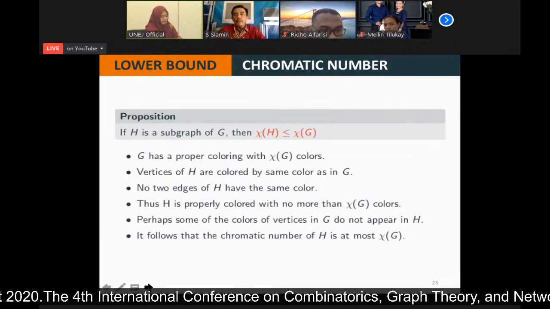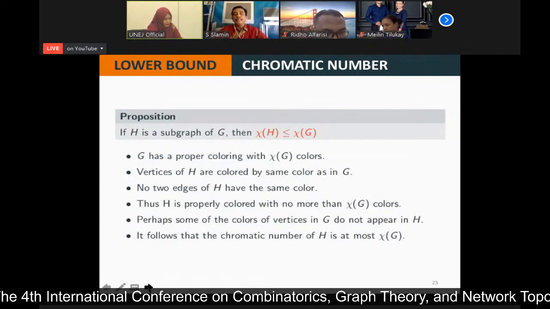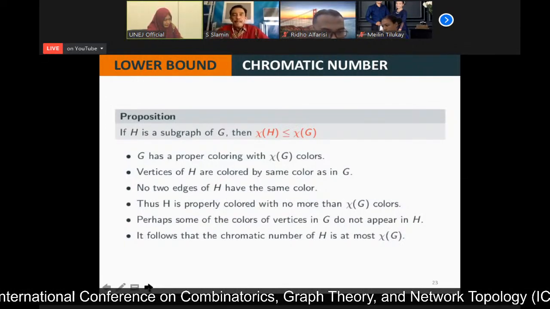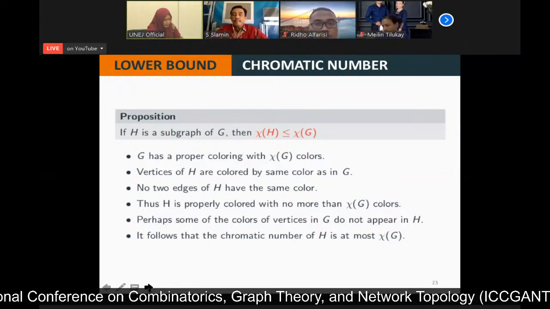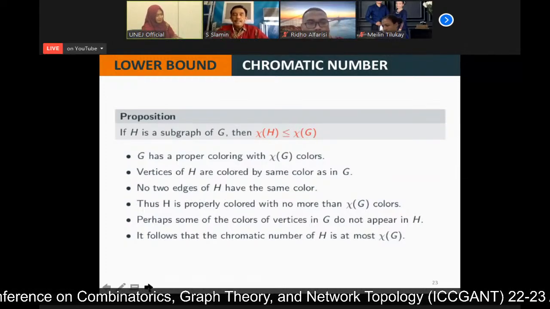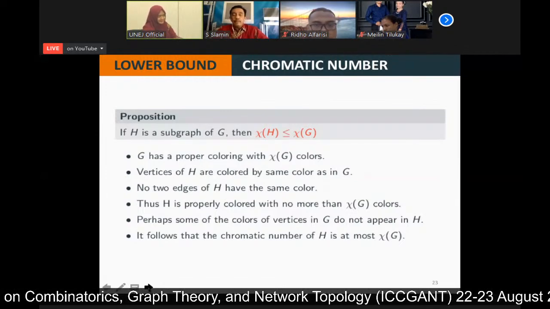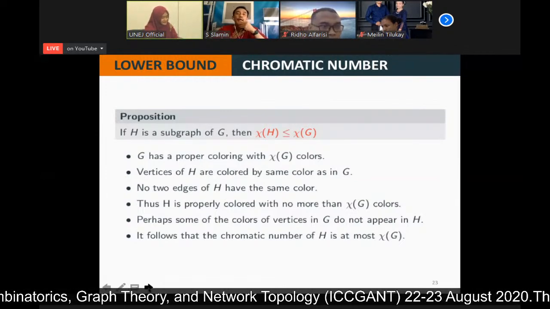Okay, this is the lower bound for the chromatic number. If H is a subgraph of G, then the chromatic number of H is less than or equal to the chromatic number of G. What does it mean?